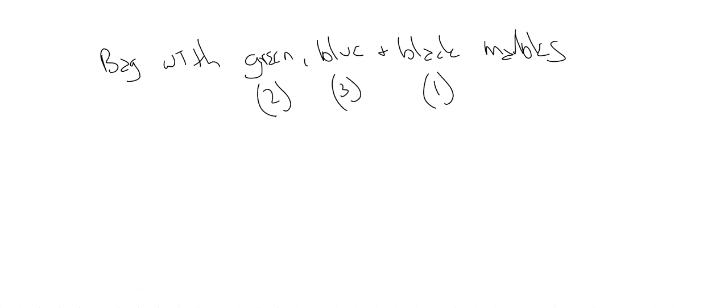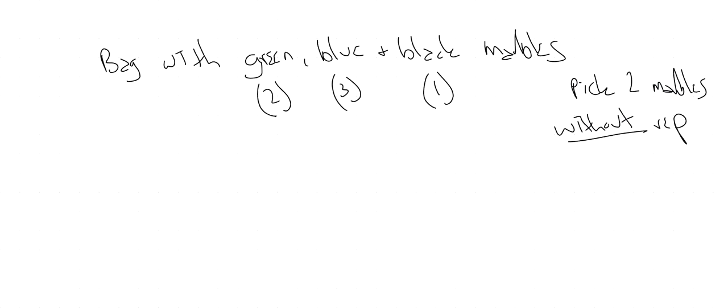So what this means is that the combinations of things I can do are not going to be equal, because there are different numbers of everything. So I am going to pick 2 marbles without replacement.